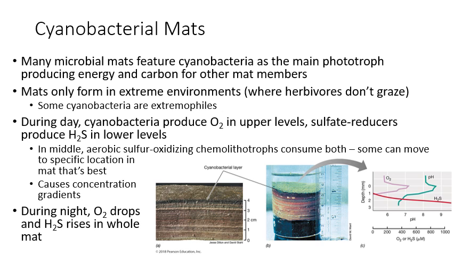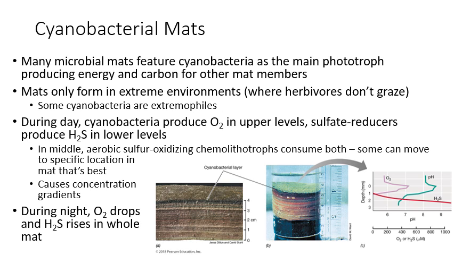The chemistry of the mat is going to be different during the day compared to during the night, in large part because cyanobacteria would only be doing photosynthesis during the day. So during the day, you have your cyanobacteria in the upper levels of the mat producing oxygen through oxygenic photosynthesis.